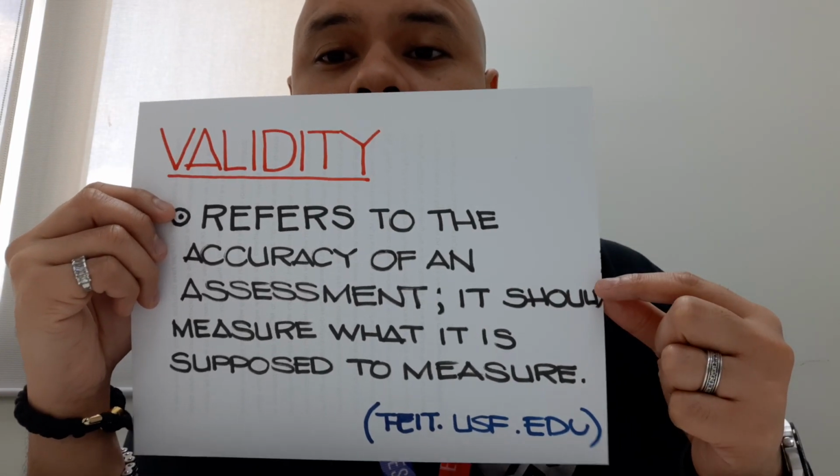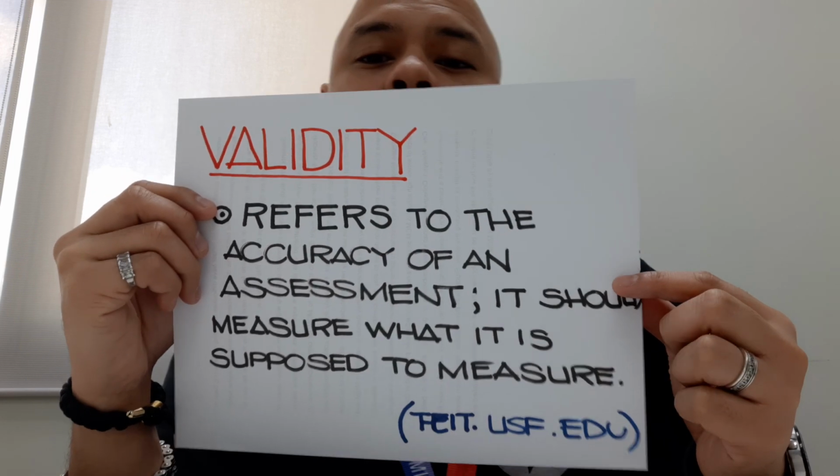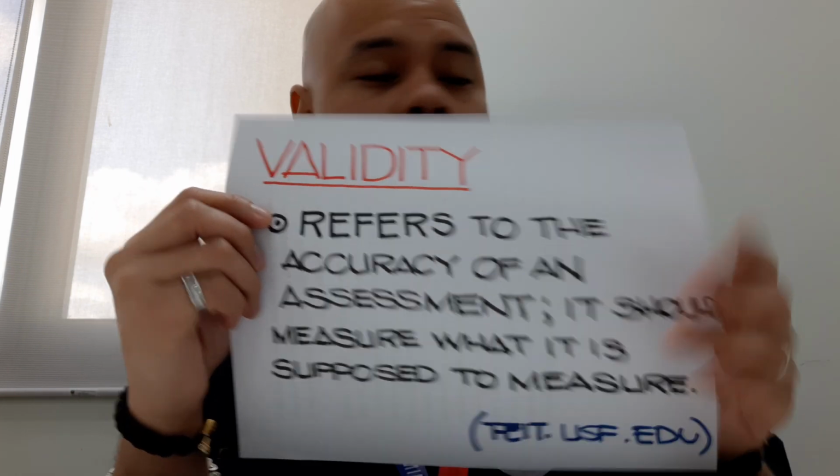And it should measure what it is supposed to measure. Now, in the context of your qualitative research, this means that your interview guide questions must somehow resemble the data that you want to collect from your participants based from the direction that you want your research to take.